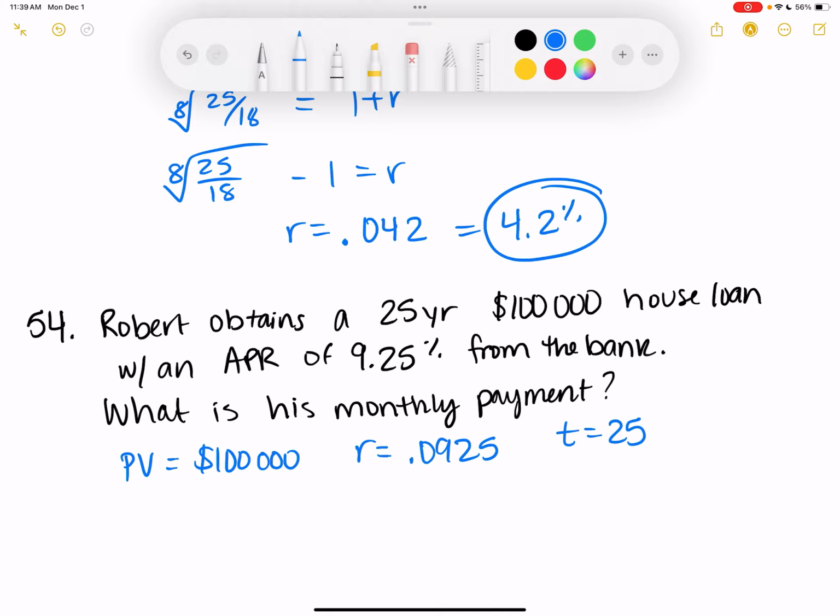It doesn't directly say this, but this is the way interest on a house loan is, it's monthly. So that means that K is going to be equal to 12. Pretty much unless they tell you otherwise, any kind of home loan or car loan is going to be monthly. And we're solving for big R.